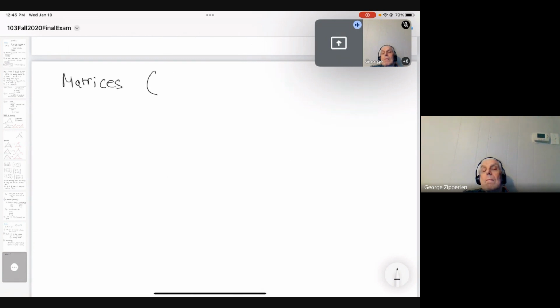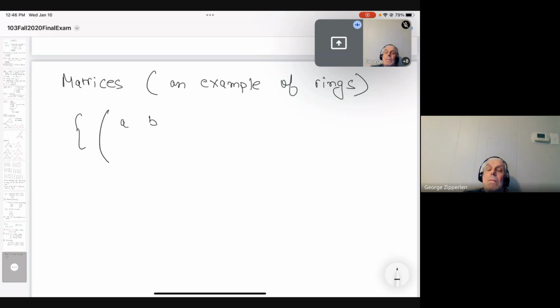An example of a ring. For example, let's take 2 by 2 matrices with entries A, B, C, D, and let's say I want these numbers to be integers.